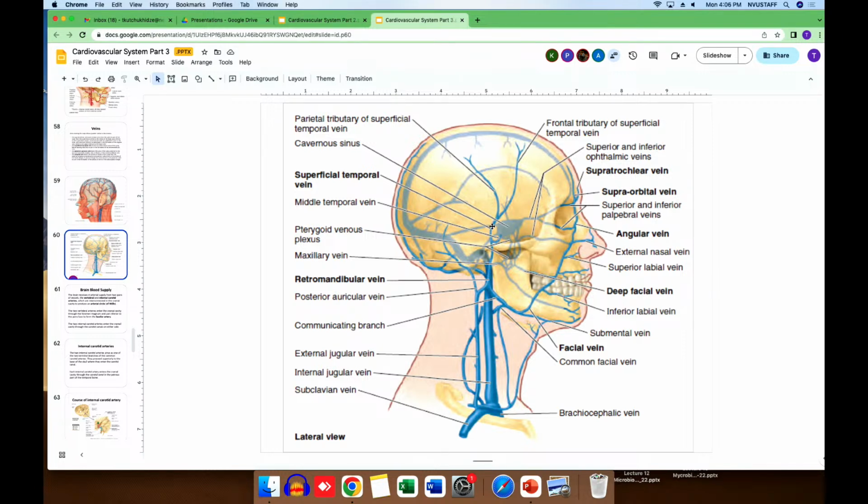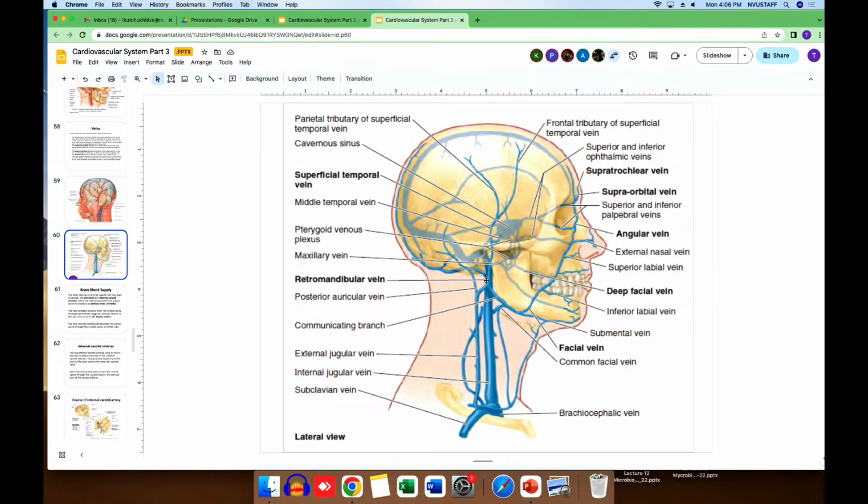They are gathering in the superficial temporal vein. Further, we also have the middle temporal vein, which is opening into the superficial temporal vein. And it is opening into the retromandibular vein, which is kind of a small pool for the venous blood that is further going to the internal jugular vein, right?